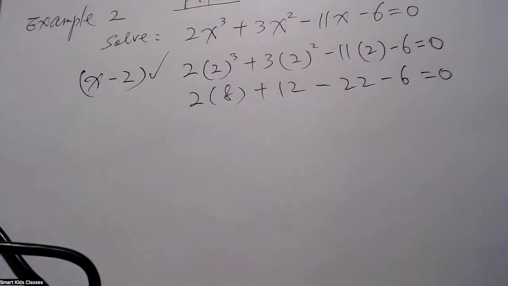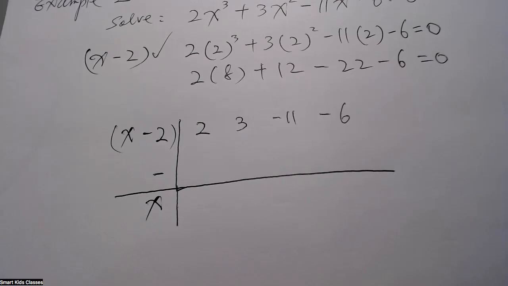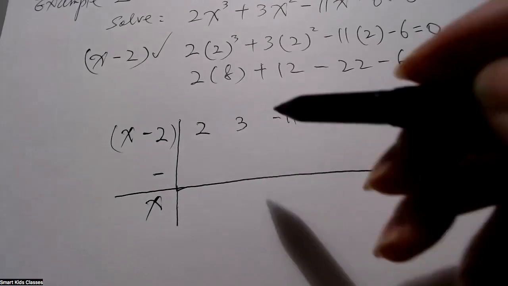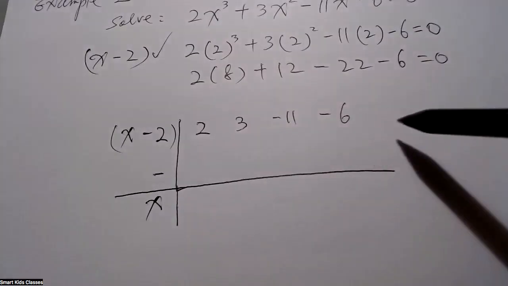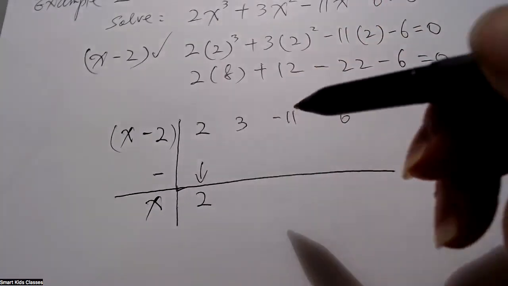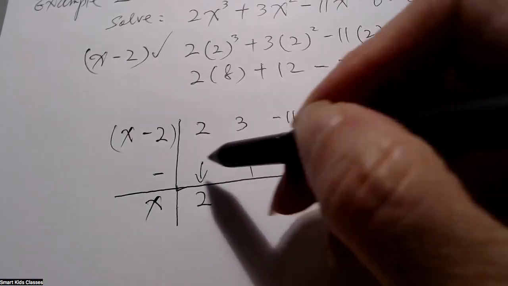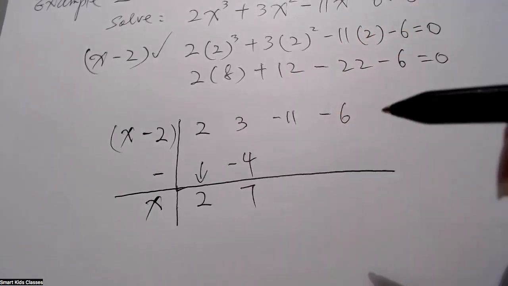We are going to do a synthetic division to find the answer. In synthetic division, we write all the coefficients and bring the first number down. So we have a 2. Then 2 times 2 is 4, and we get 7.